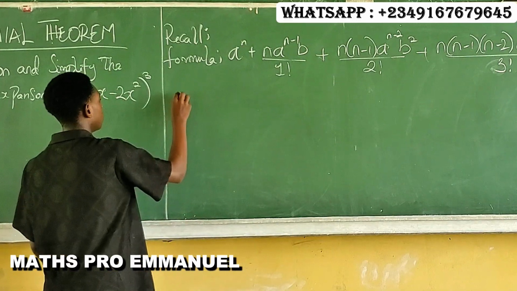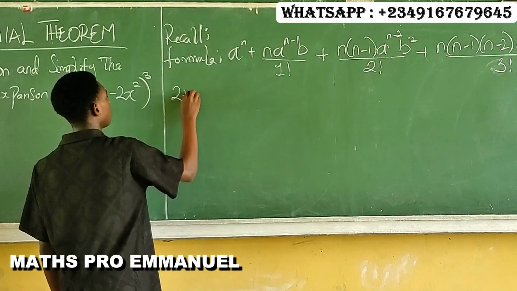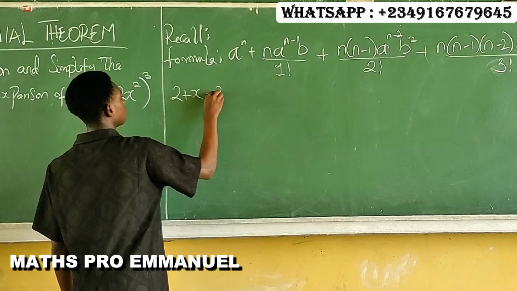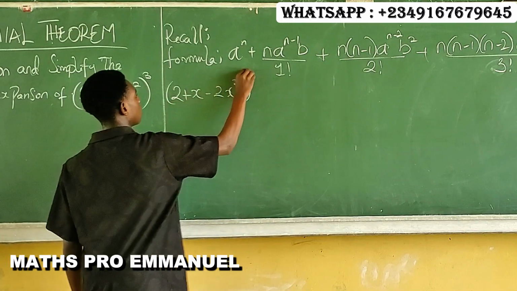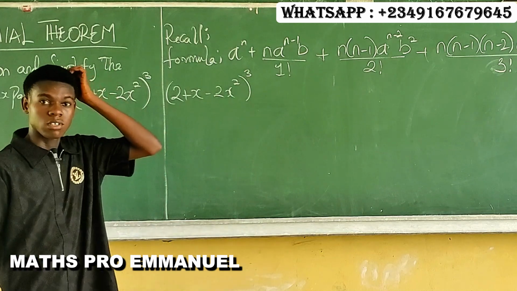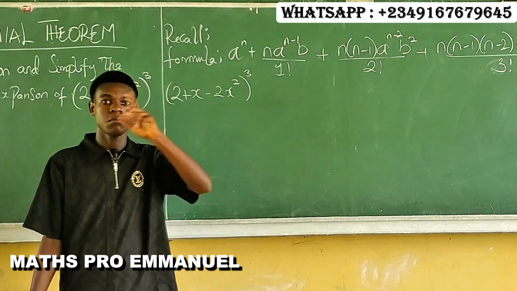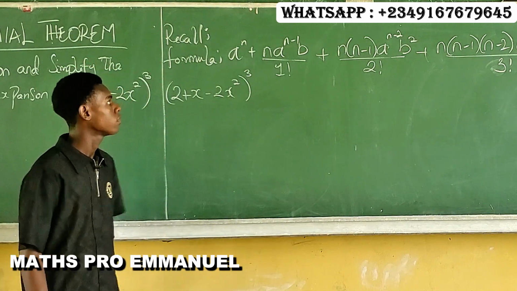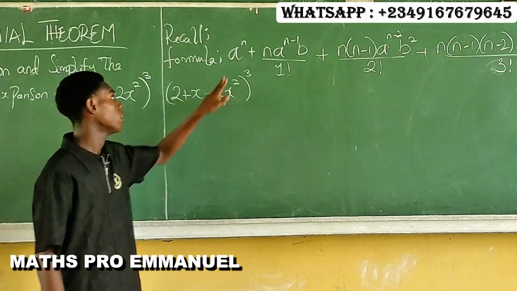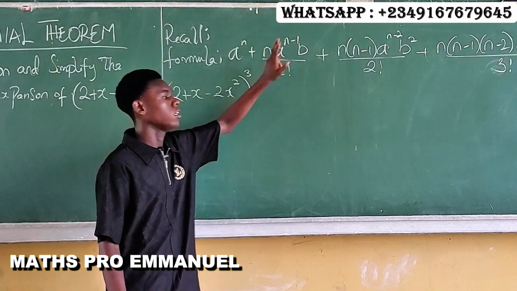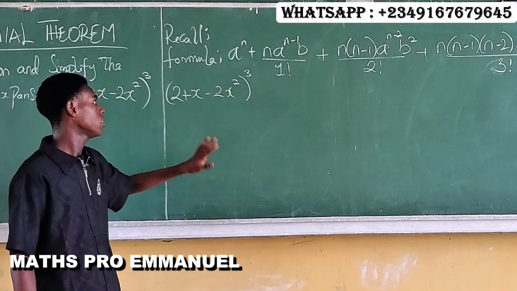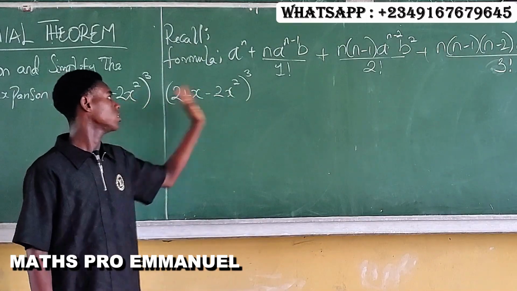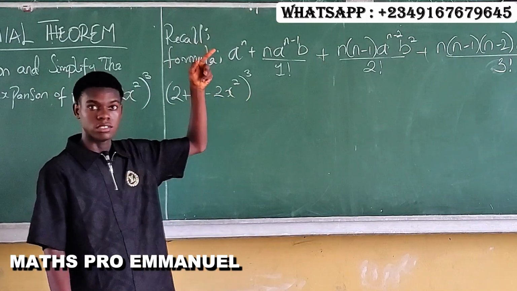We have to expand (2 + x - 2x²) all raised to the power of 3. I'm going to draft out my a, b, and n, because that's what you see in the formula. From my previous examples, you know that a is the first term, b is the second term, and n is the index.